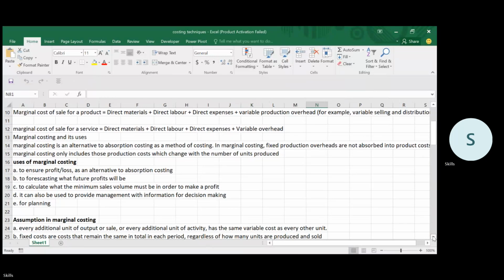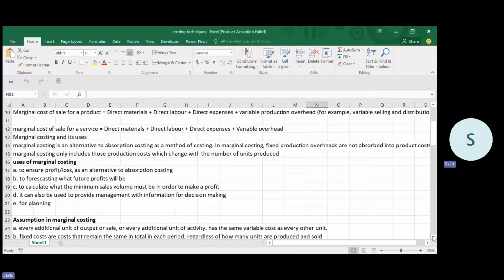Two, forecasting. You use marginal costing for forecasting what future profit will be. Three, to calculate the minimum sales volume that must be achieved in order to make a profit.